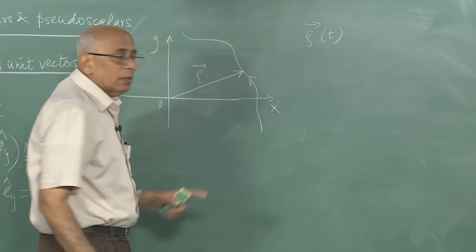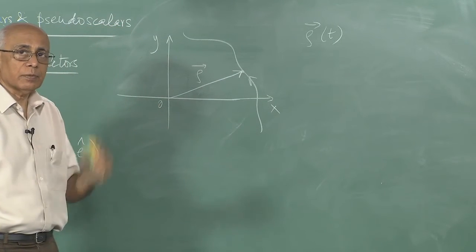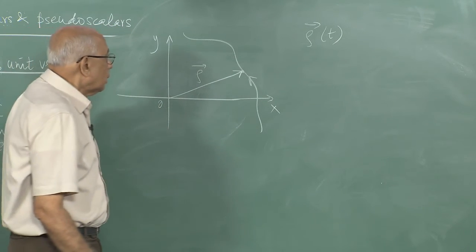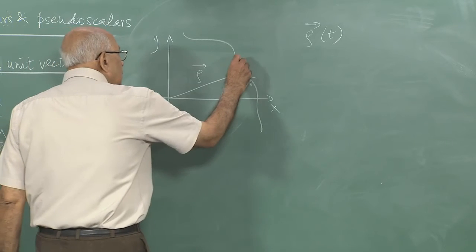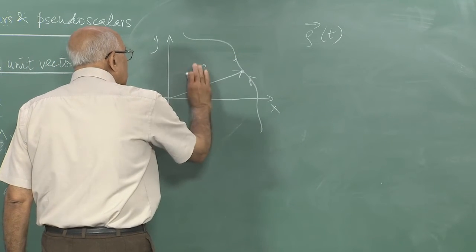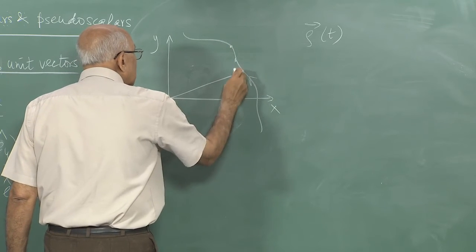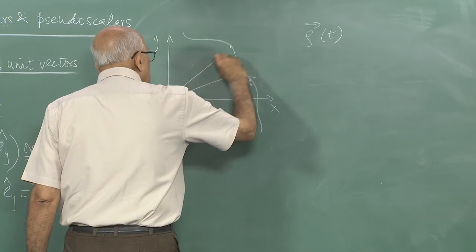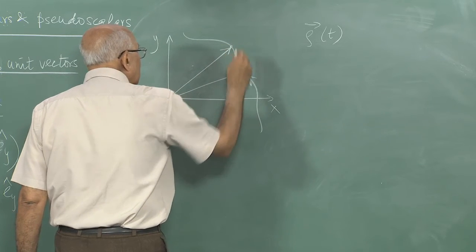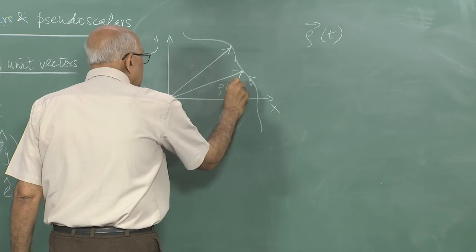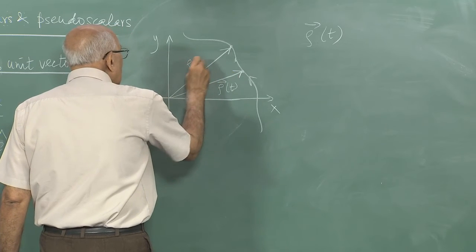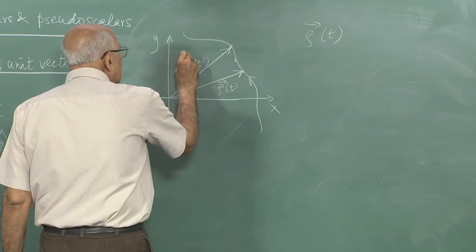Then I would like to see what the velocity is, what the acceleration of this particle is, and so on. Now what does this mean? Well, at a later instant of time, the position vector is there or here, for example. This is rho at time t, this is rho at some time t prime greater than t, say.